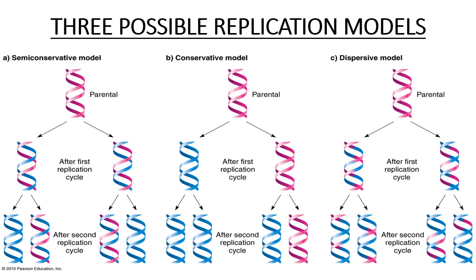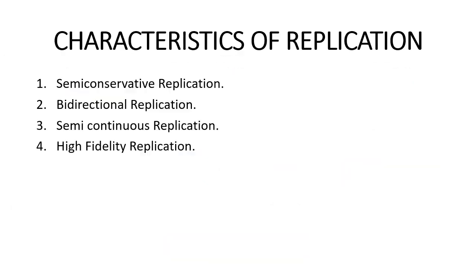In the conservative model, after the first replication cycle, one DNA molecule is the same as the parental DNA and one DNA molecule is totally new. But in the dispersive model, there is a multiple patchwork in both DNA strands. So it is also called hybrid DNA.